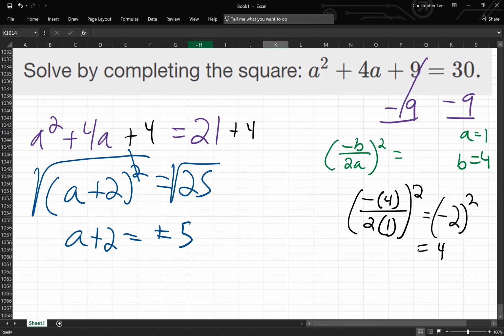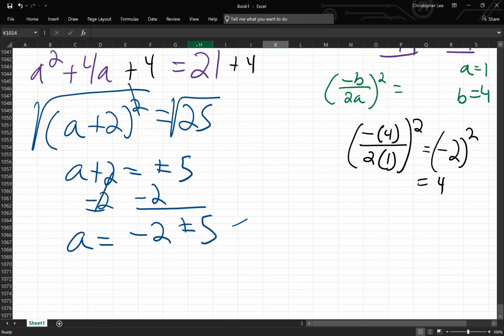After that, just solve for a. I'm gonna subtract 2 from over here where I do the one side, do to the other. So I have a is equal to negative 2 plus or minus 5. Now I want two answers here. I want negative 2 minus 5 is equal to negative 7, and negative 2 plus 5 is equal to 3.